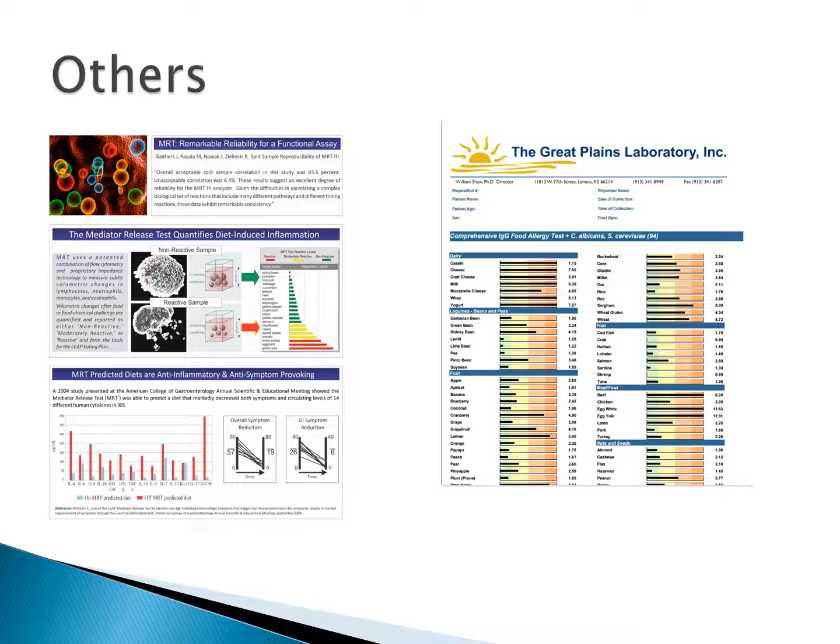I would love to review their study, or have somebody else do this exact same study. And if we can get something that has a 93% accuracy rate on whether or not someone's allergic to something, that's phenomenal. And if you only have 6.4% false positives, that's not too bad.